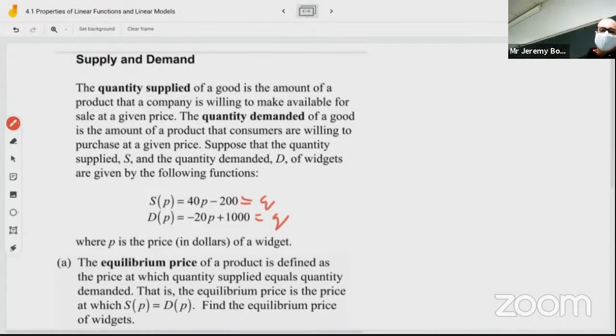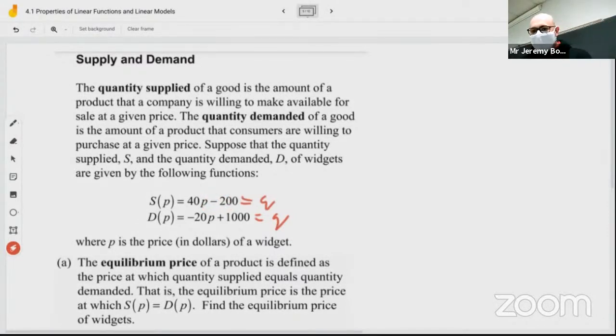Make it a little bit easier. Okay, so what you have is just two linear functions, right? You got this first linear function for supply. It has positive slope, so 40P, 40 would be your slope. The negative 200 would be your y-intercept, or in this case, the Q-intercept.